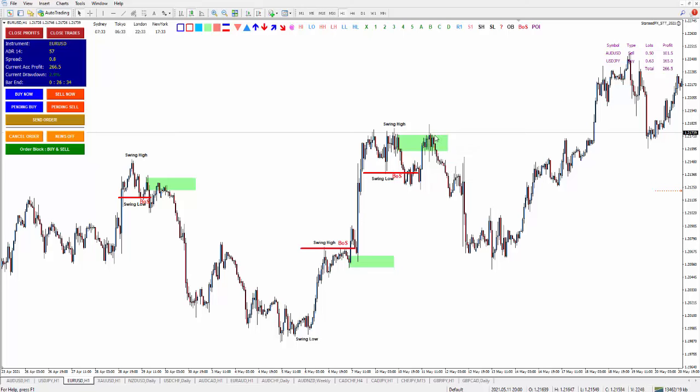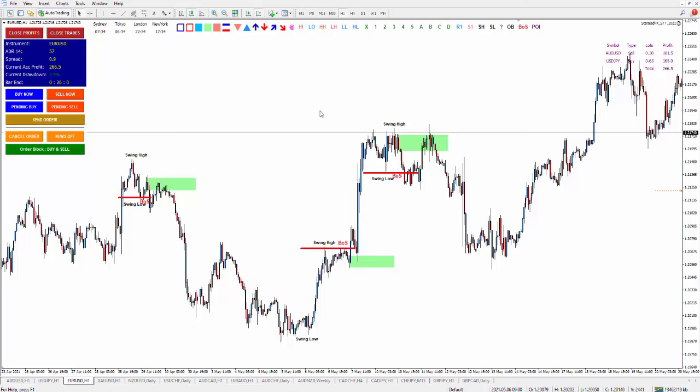Look, especially it works, right? So you can learn, and you can practice looking at the chart, from your swing high, swing low, from the history, and then you check it from higher time frame to lower time frame, and see how it works.